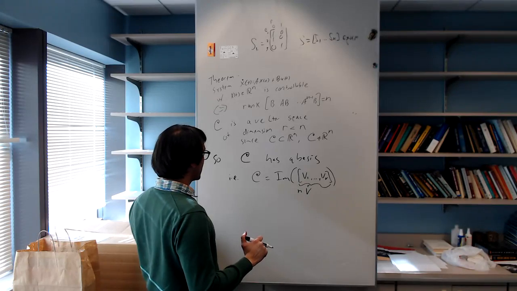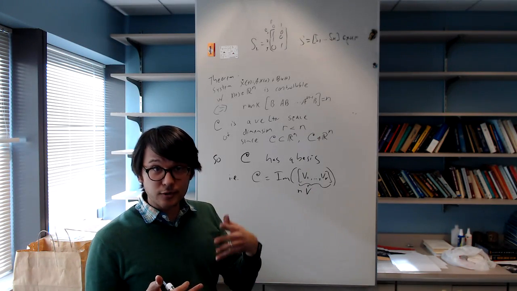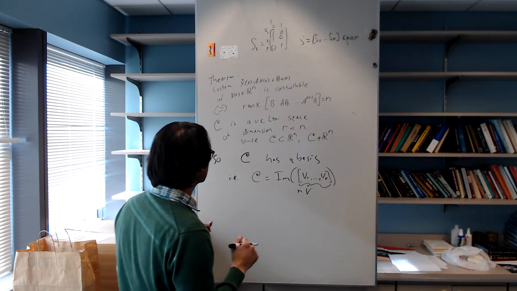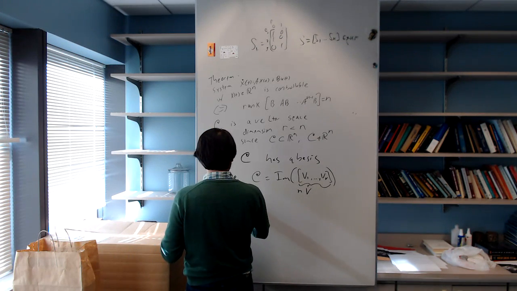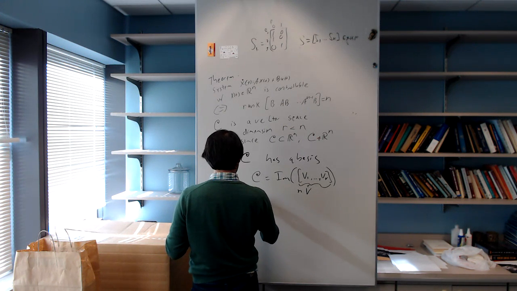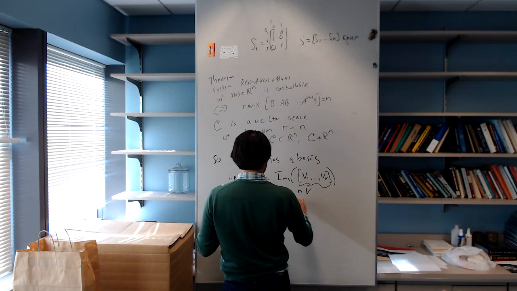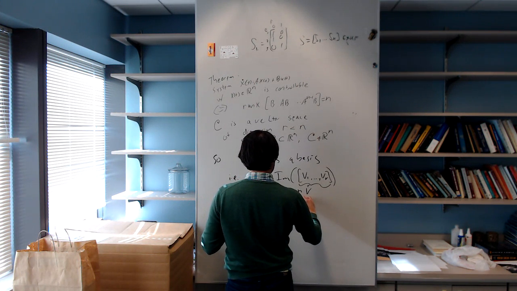All right, cool. So what we know from earlier in the lecture is there exists an x that is not equal to 0 such that x transpose V equals 0.